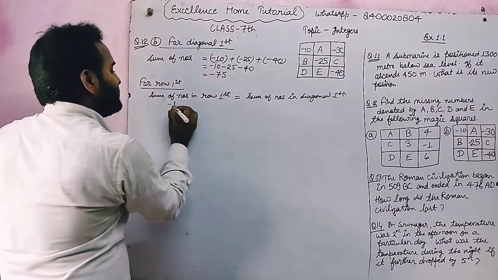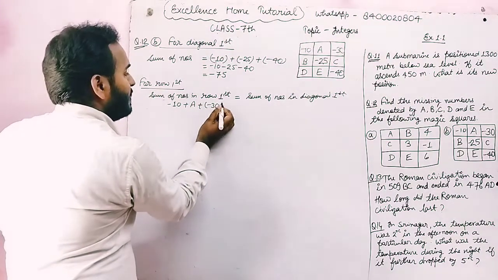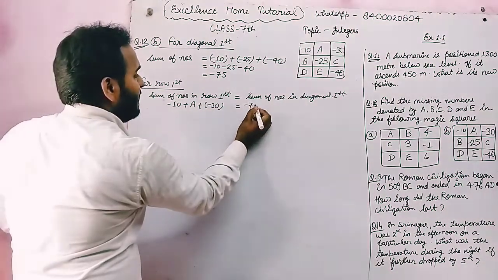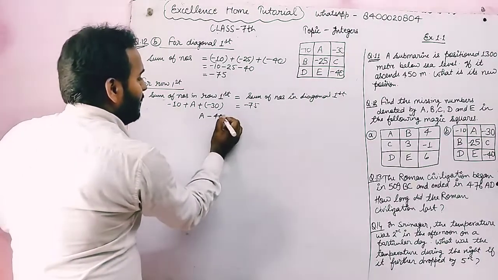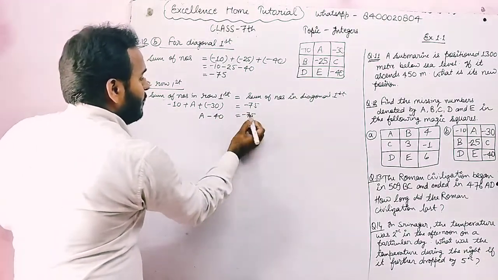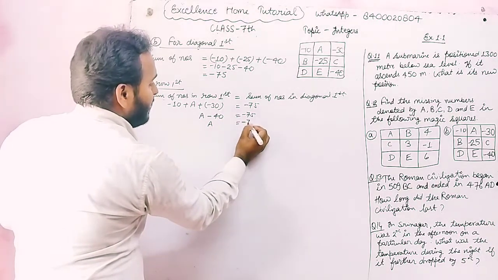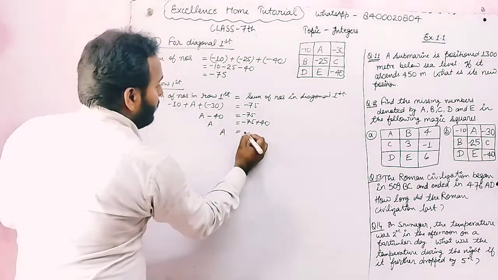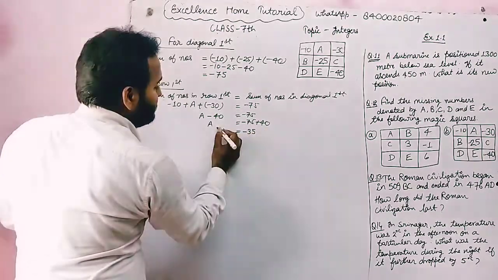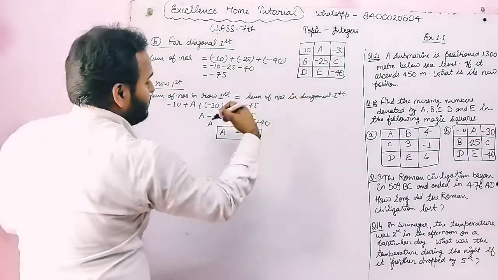So this is minus 10 plus A plus minus 30 is equal to minus 75. This is A minus 40 equals minus 75. We have to transpose minus 40 to the right side, so minus 75 plus 40. So A is equal to minus 35. This is the first answer, and we have to write it.